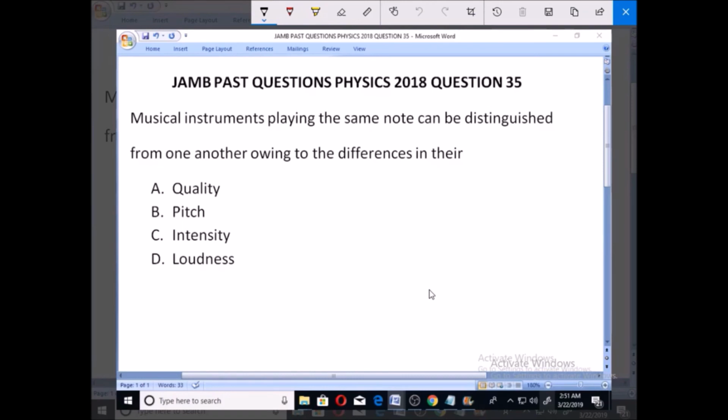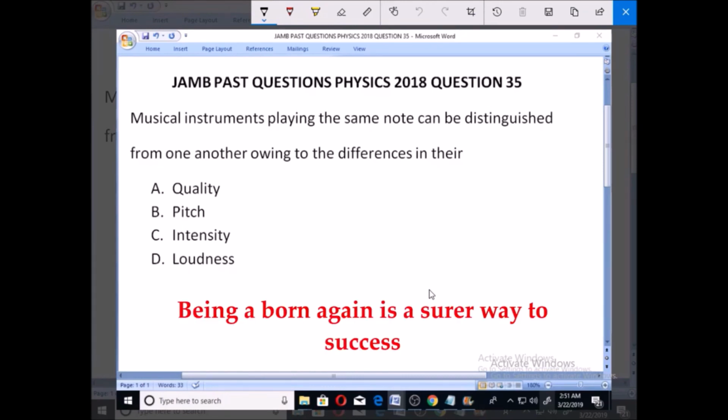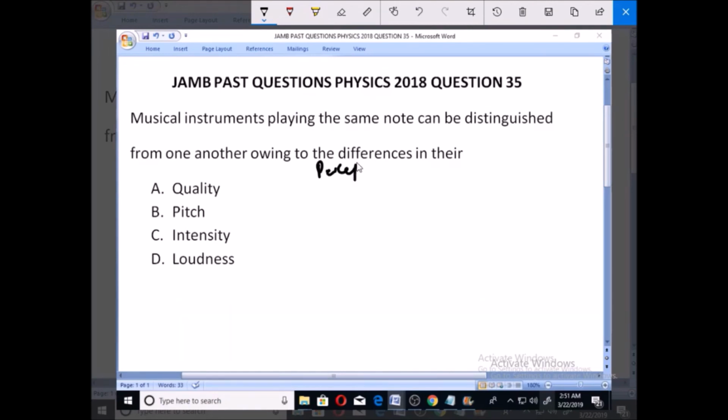Now, for us to properly appreciate this question, we need to understand these different perceptions, or qualities, of sound, that is, how you perceive sound. The quality, which has another name, timbre, is what you can use to distinguish sound from different instruments.